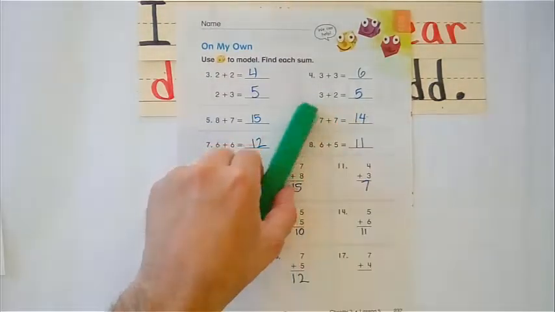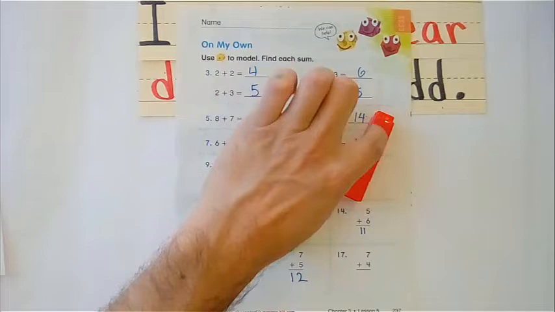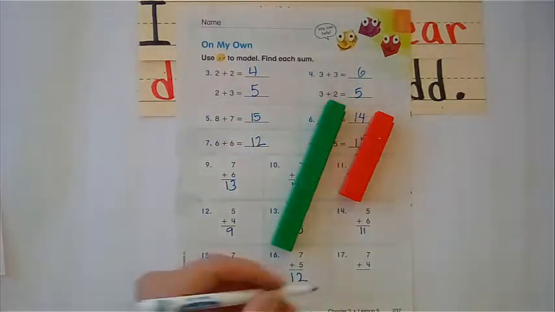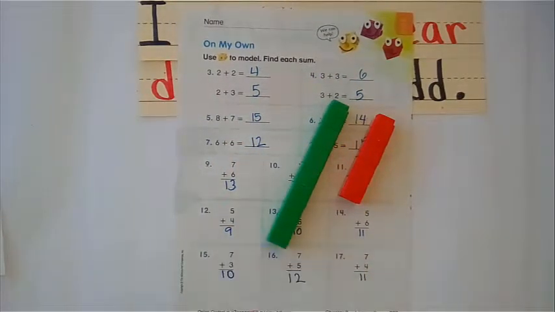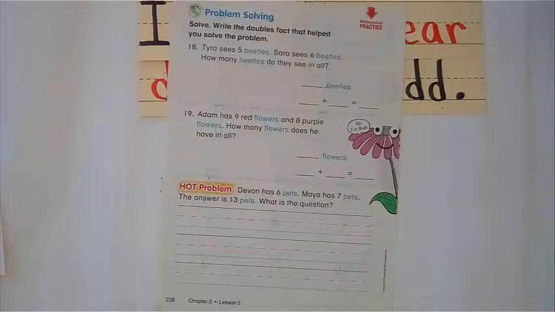Very good. Or I can have 7 again, and this time 4. So 7, 8, 9, 10, 11. Very good.